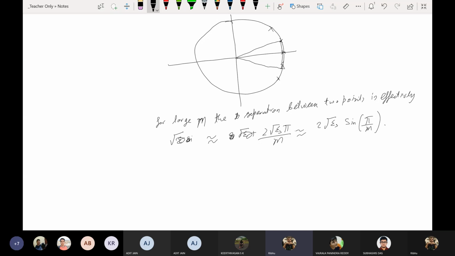And therefore it can cross over into this, or it can cross over into this. These are the most likely outcomes.